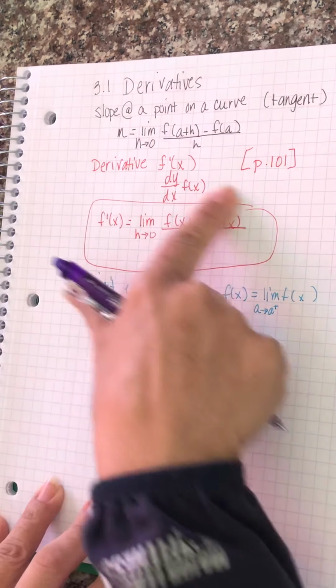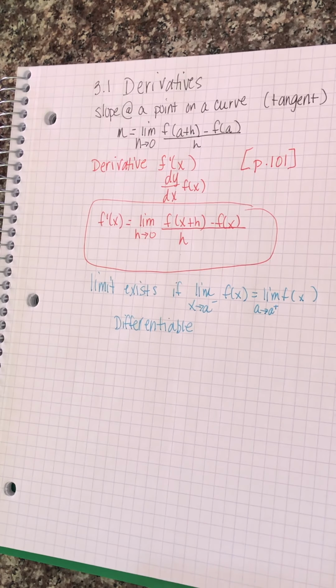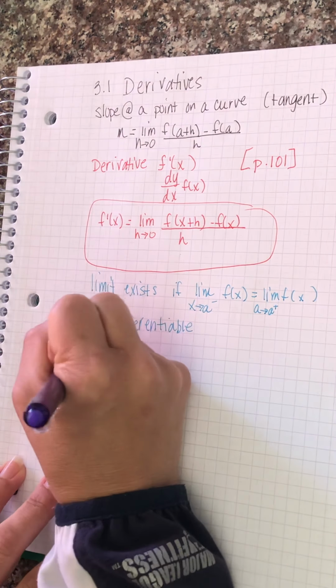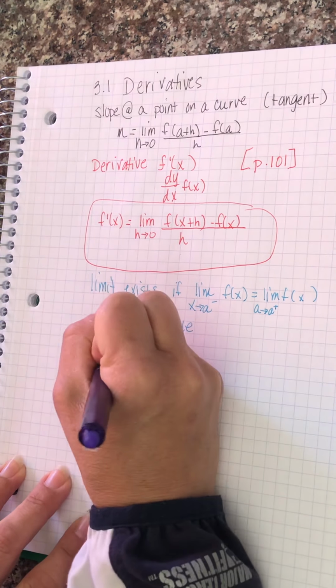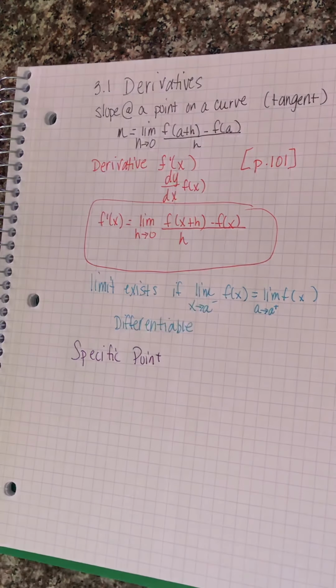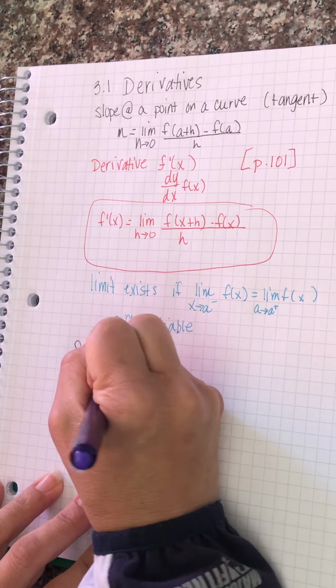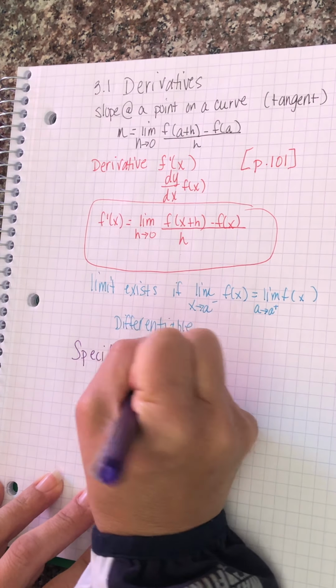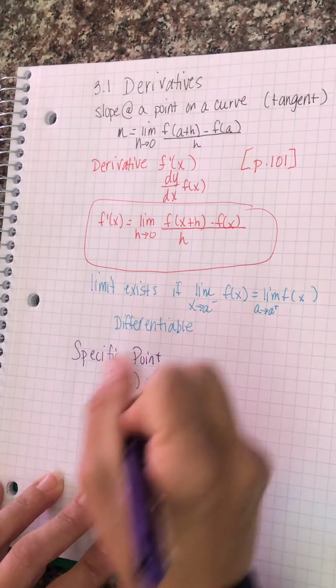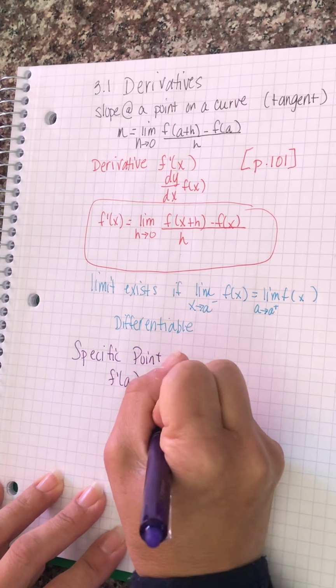This is what happens if I'm just going to find it at some general value of x. But what if I know x? What if I tell you x is 3 or x is 16? So at a specific point, and believe me, this is going to be super helpful, f prime of a is equal to the limit as x approaches a.